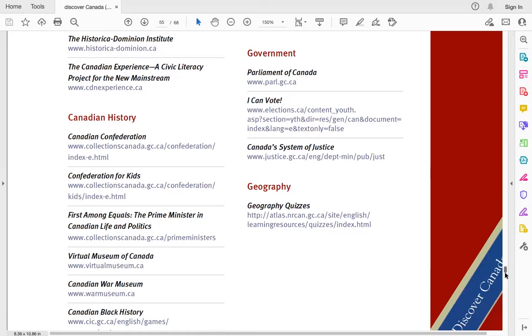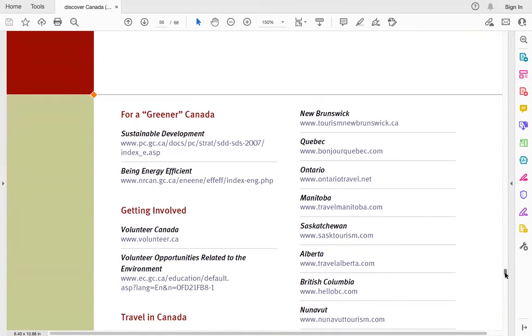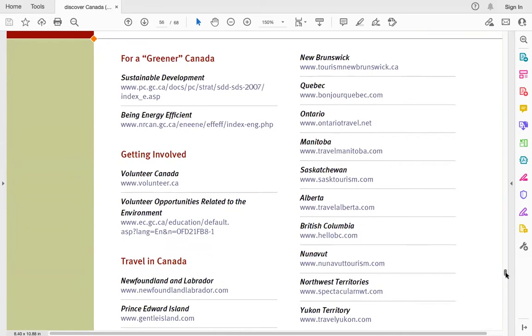www.justice.gc.ca/ENG/DEPT-min/PUB/JUST. Websites about geography. Geography quizzes, atlas.nrcan.gc.ca/site/English/learning resources/quizzes/index.html. Websites about creating a greener Canada.